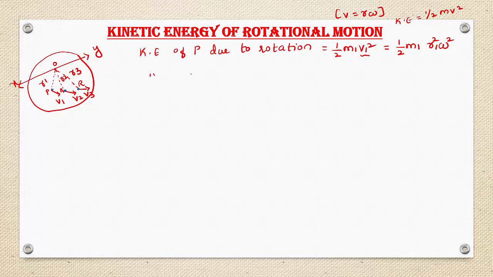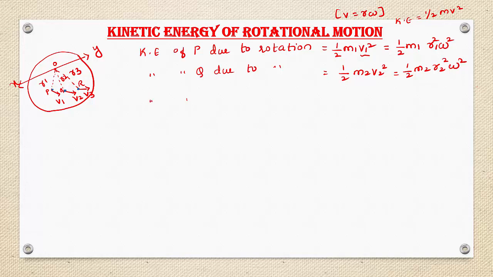Similarly, the kinetic energy of particle 2, that is the Q particle, due to rotation is given by the equation half m2 v2 square, but in place of v we can write r omega, so the equation becomes half m2 r2 square omega square. Remember, in rotational motion, linear velocity is different and angular velocity is constant.